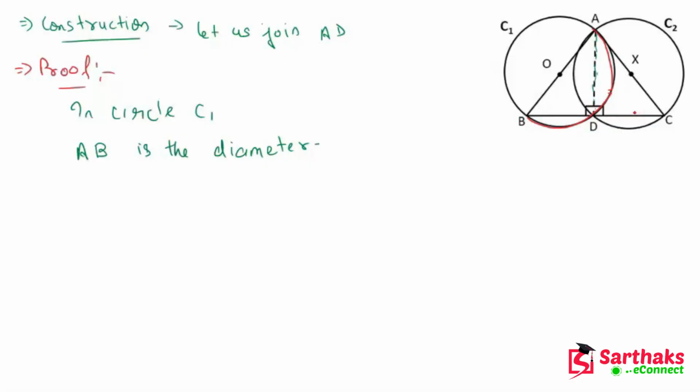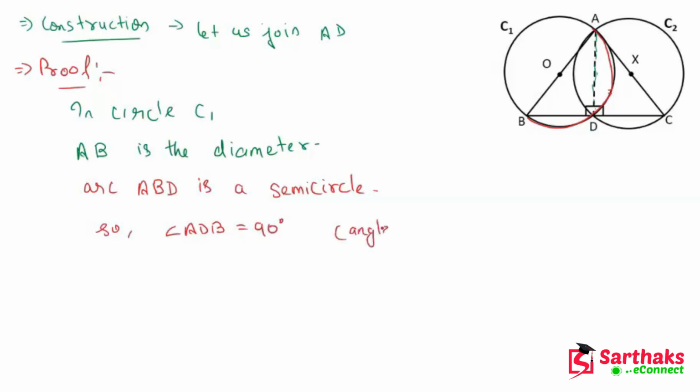Angle in a semicircle is a right angle by the theorem. So we can write: arc ABD is a semicircle, so angle ADB is equal to 90 degrees, since an angle in a semicircle is a right angle.